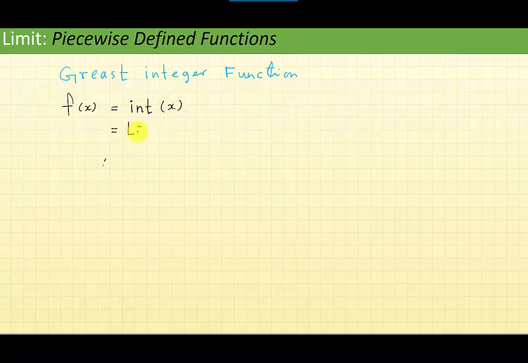Let us discuss the piecewise function called the greatest integer function. The notation we use is, say the function is f of x equals integer x, or f of x using this symbol.